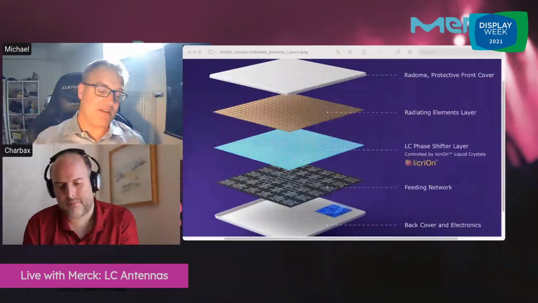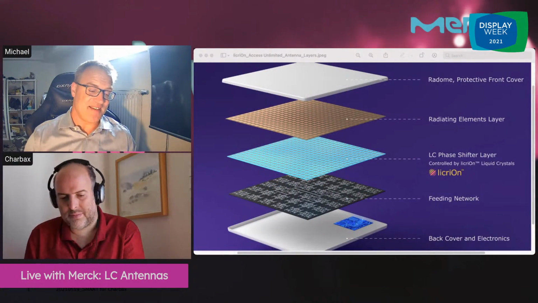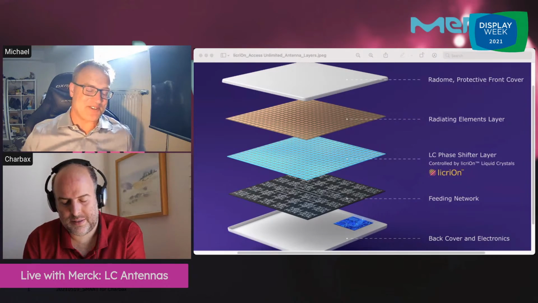Typically a mobile phone has several antennas, so everywhere you cover an antenna, you lose reception. For millimeter wave, I think it will still take some time until we can connect a mobile phone to that.